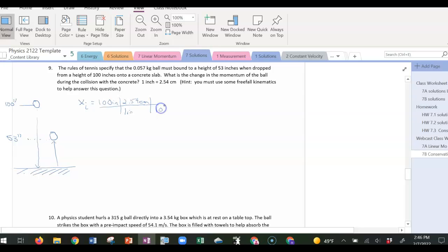I know that 100 centimeters is 1 meter. And so the initial height here is 2.54 meters. The final height is 53 inches. And I can convert that and I get 1.346 meters.